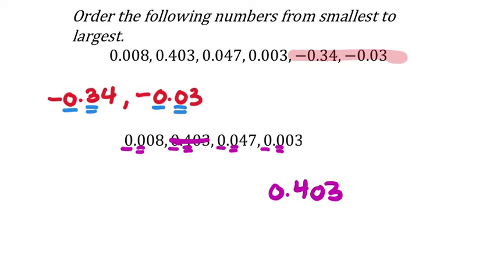So I kind of use that one. I'll cross it out. But I'll continue with these other place values. So now the hundredths, and hundredths. So there's my third place value I'm comparing. 0, 4, and 0. 4 is the bigger of the 3, because the other 2 are zeros, which means it would be the next biggest. Now, I'm listing these from least to greatest, so I'm going to put it to the left. 0.047.